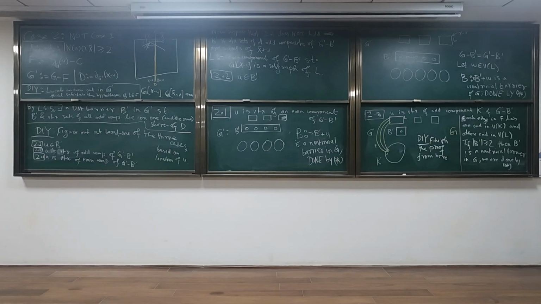So therefore, even after you leave the barrier, this is still connected somehow. So it is connected in one even component. That is already defined.